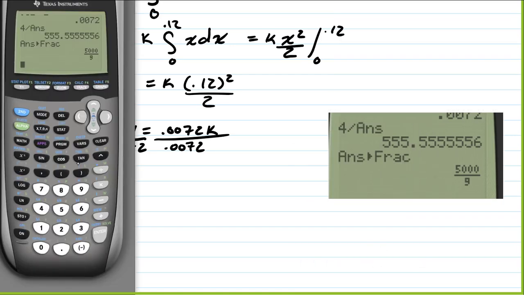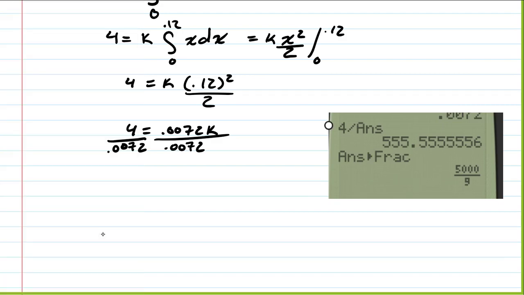So to remind you, if you want to save a value in your calculator, you go down the left-hand side, you press the STO button for store, and then you just choose a letter. So since this is our k value, I'll just go ahead and store it as k. In this case, since we have a nice fraction, the storing is unnecessary, but sometimes it is necessary to do this to keep from getting too much rounding error as we're working through a problem.